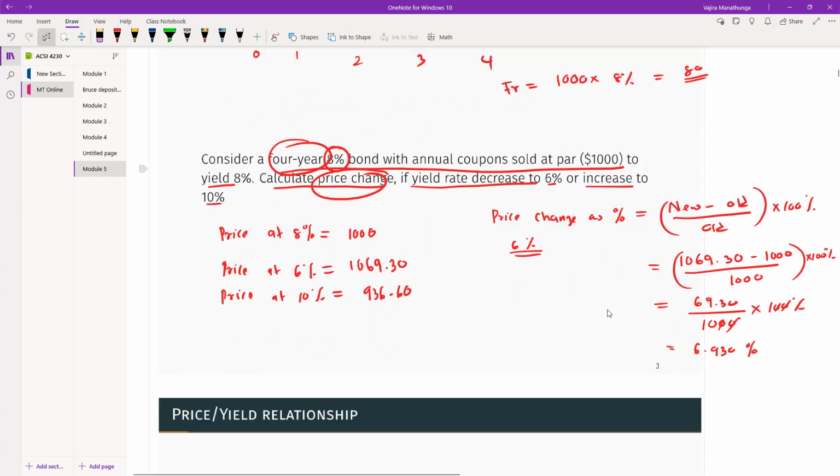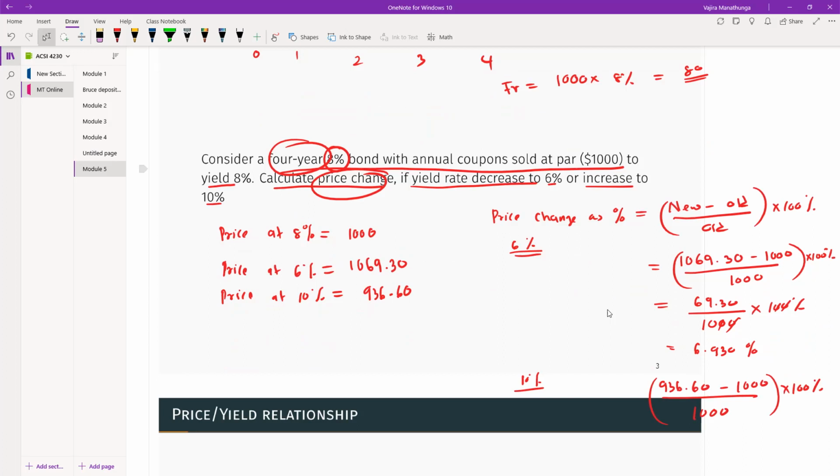And then let's see what happened with the 10%. Under 10%, it would be 936.60 minus 1,000 over 1,000 times 100%.